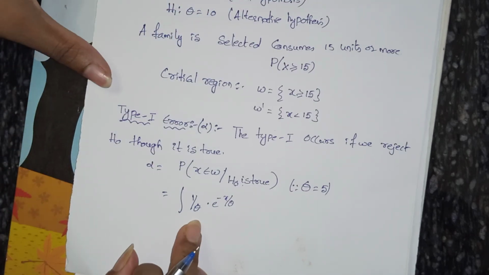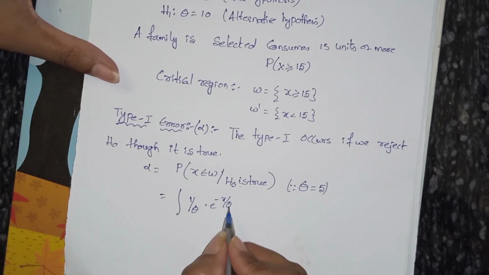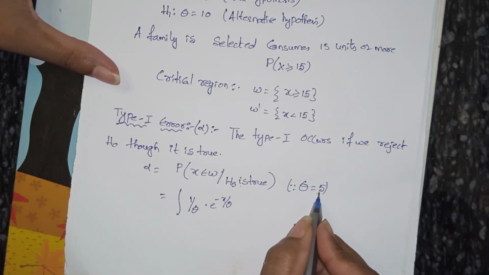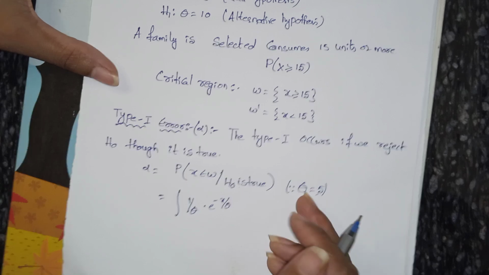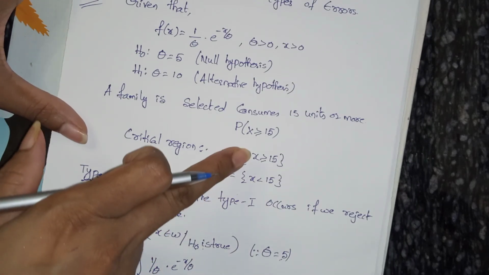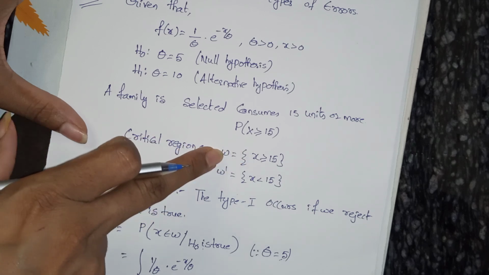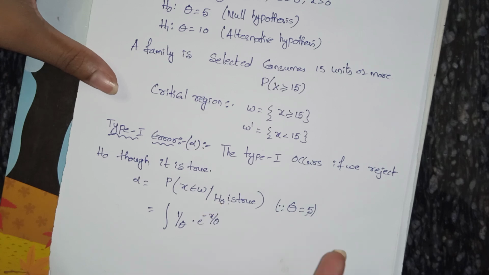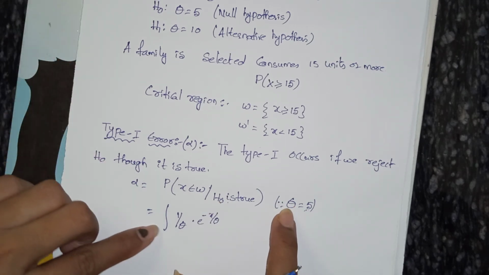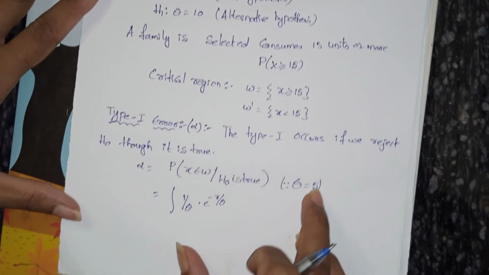In theta's place we keep the value 5. Why value 5? Because here x we took from omega, which is the null hypothesis, so H naught is also the null hypothesis.